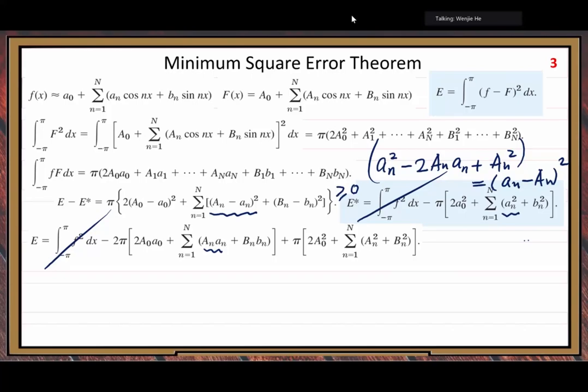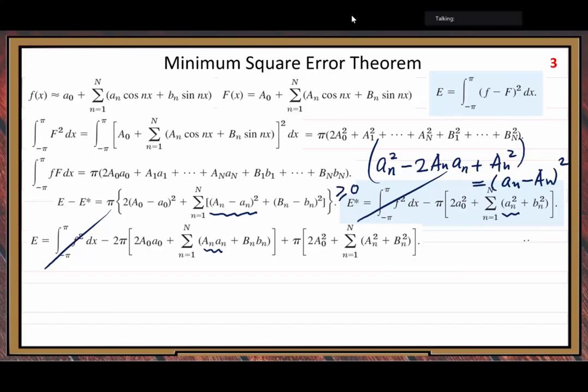When you use the Fourier series coefficients to write your trigonometric polynomial of degree n, the partial sum way, you will get the best approximation in the sense of minimum square error.